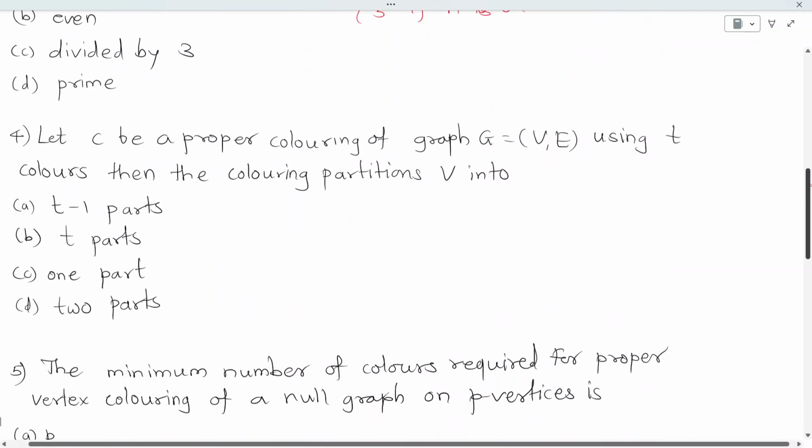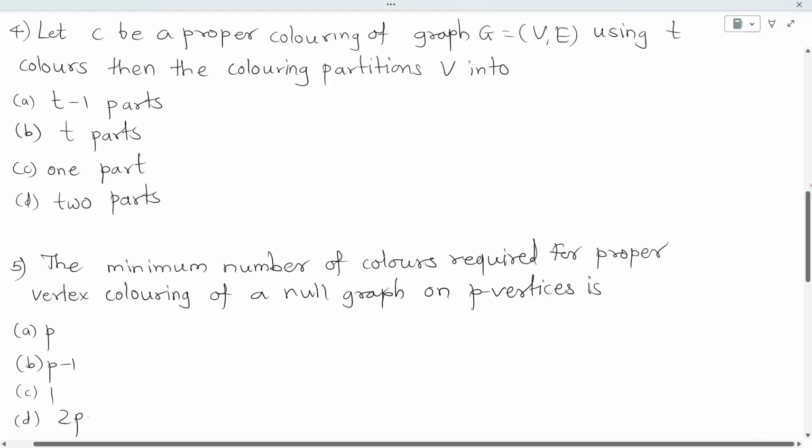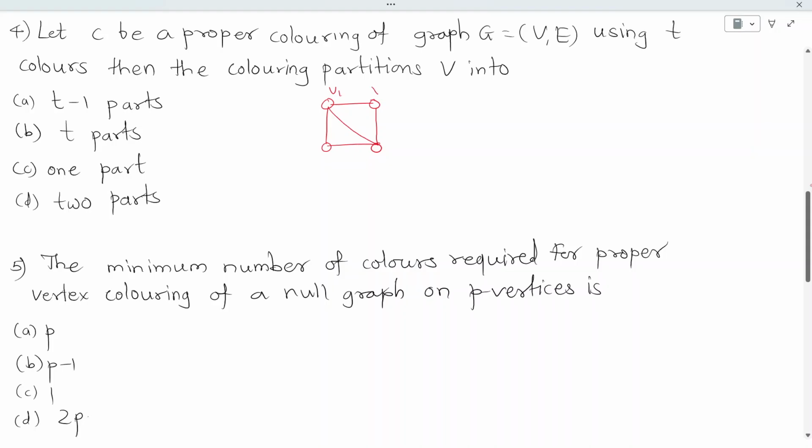Fourth question: let C be a proper coloring of a graph G with vertex set V and edge set E using T colors, then the coloring partitions V into... Okay, so I am drawing a graph here with vertices V1, V2, V3, V4.